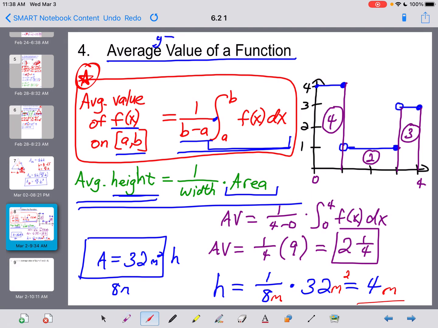Well, if we were to draw the line y equals 2 1/4, that would be a horizontal line right about here going across this graph. And essentially, guys, here's what we see. There are parts of this graph that go up above that line that I just drew, like this rectangle right here and this rectangle right here.